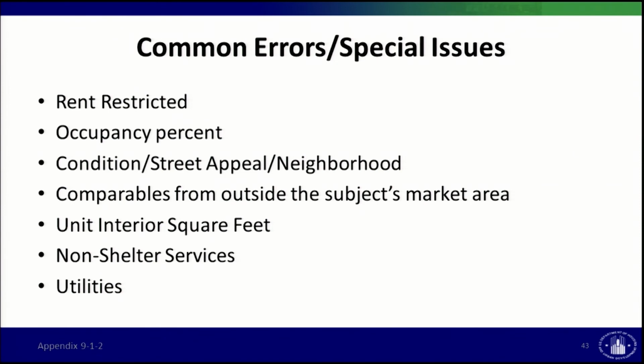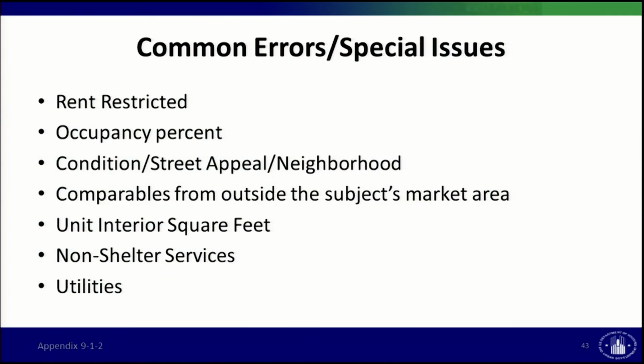Unit interior square footage. Some appraisers have made unit size adjustments for size differences of less than 10 square feet. Or in some cases, there were adjustments for unit size differences without narrative support. Non-shelter services.